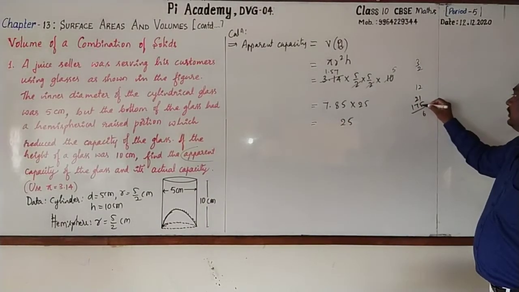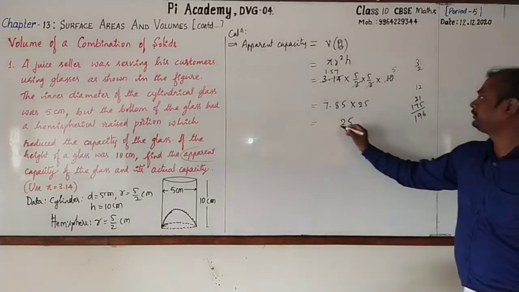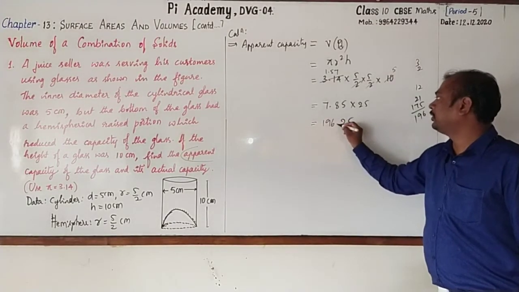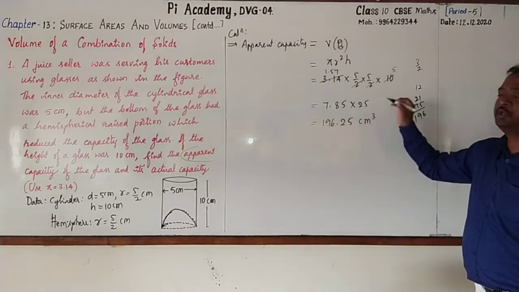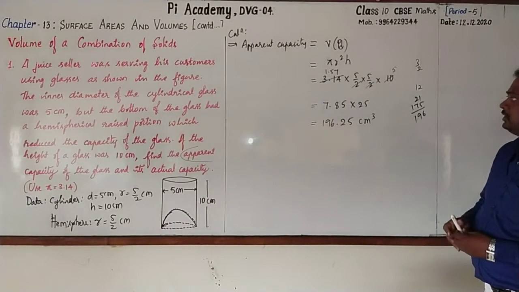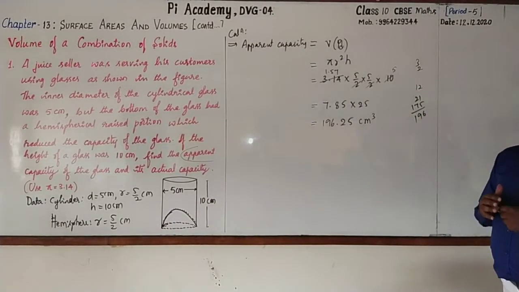Add 21, you get 196.25 centimeter cube. Followed? Please go for copying.